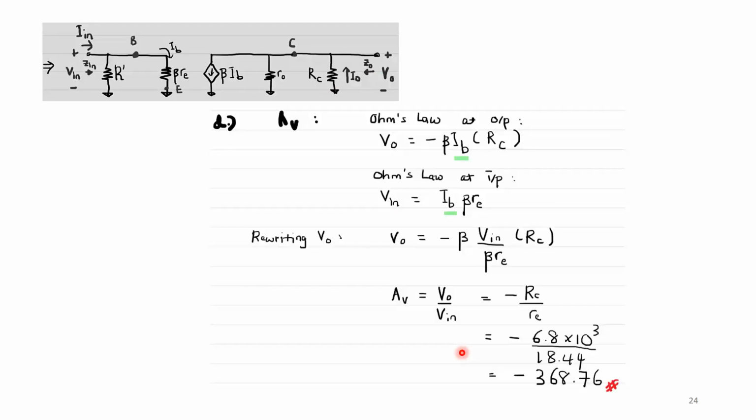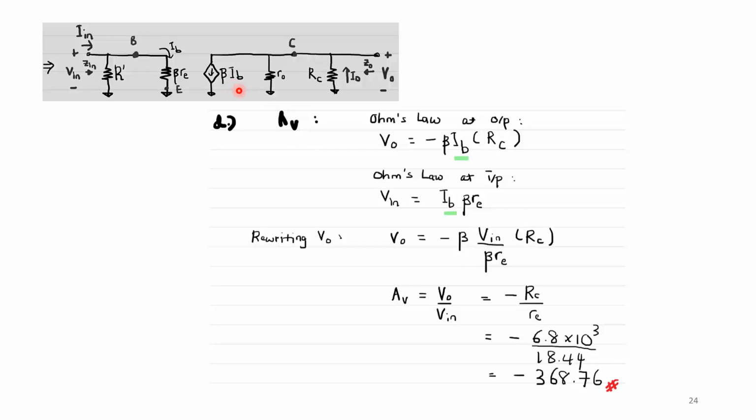Okay, so for voltage gain, again, we just want to find an expression of V out over V in. So how do we do that? Just the same as we did with fixed bias, we treat Ohm's law at the output part, and Ohm's law is V out equals beta IB, which is the current here. Because now we are not calculating Z out anymore, IB is not 0 anymore.